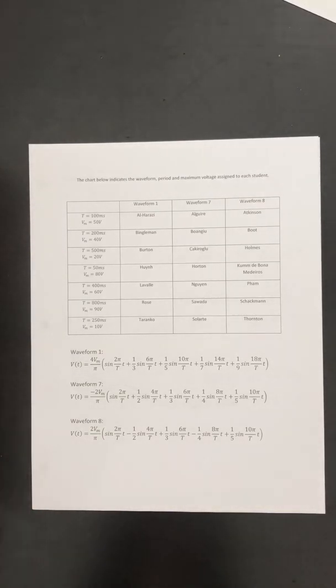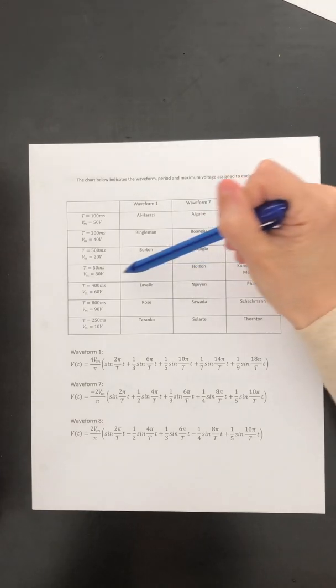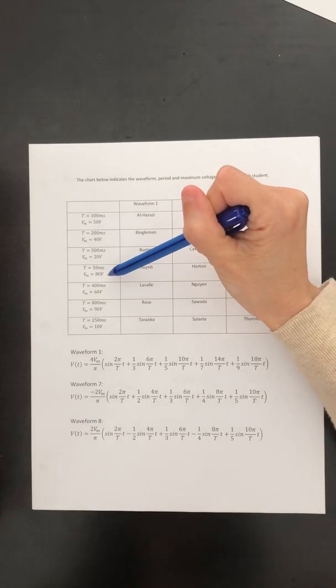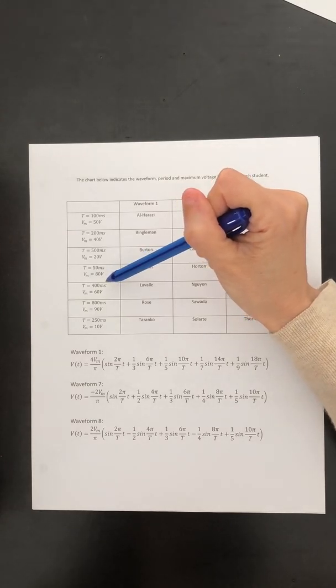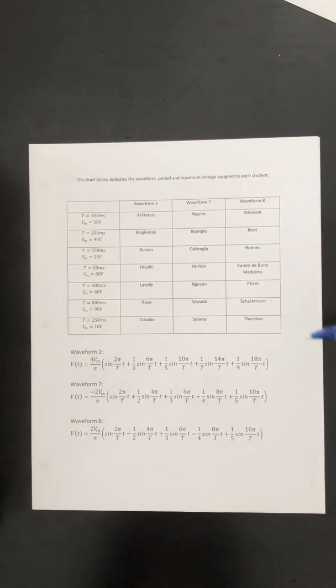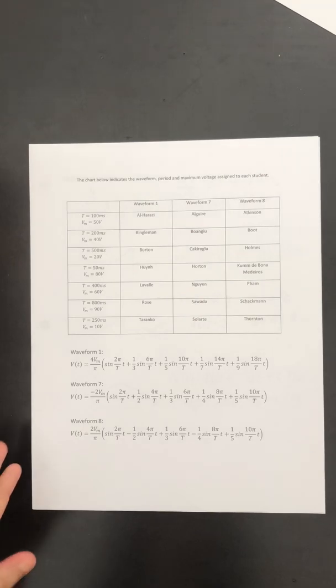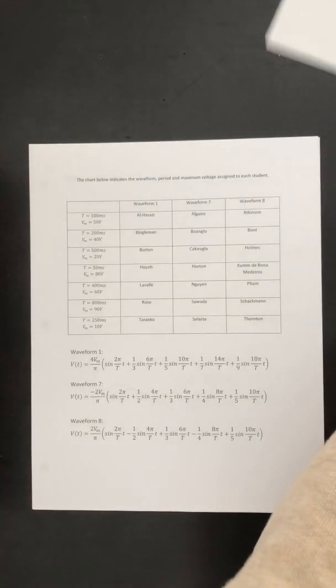So you will use the chart to figure out which waveform you're working on and what your specific period and voltage will be. Okay, so just to give you a quick example, this is Nathan. Nathan's going to be working on waveform 7 using 50 milliseconds as the period and 80 volts as his maximum. Okay? Okay, but I will post lots of details about this little portion of the assignment shortly.